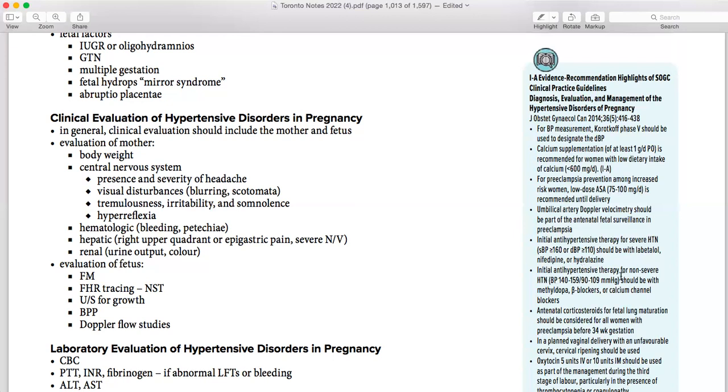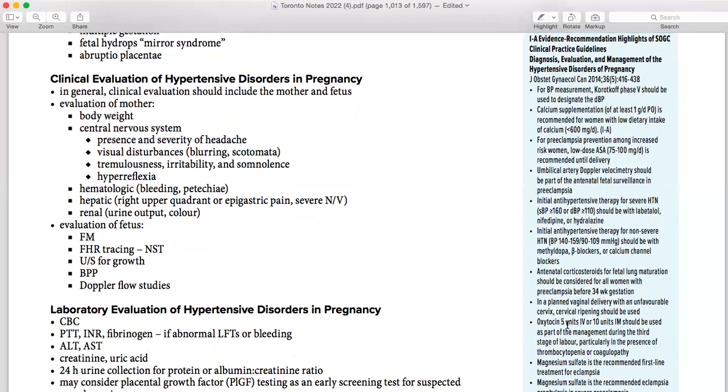So the initial antihypertensive for non-severe should be methyldopa, or the same labetalol. So this is important. If somebody is coming with a very high BP, you are not going to start with MgSO4. You are going to start with labetalol as needed. But if she is at risk of convulsions and she already had a convulsion, now you are going to give MgSO4. Okay, so it is important when you are going to give what kind of treatment.